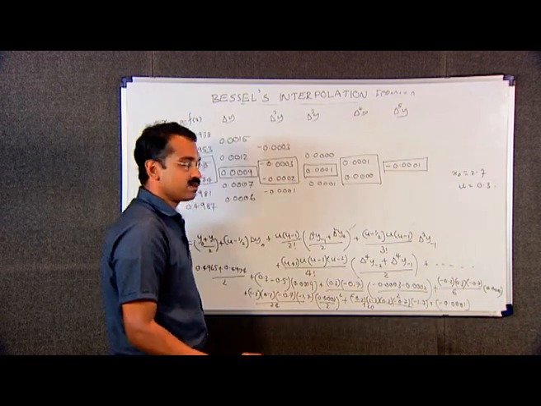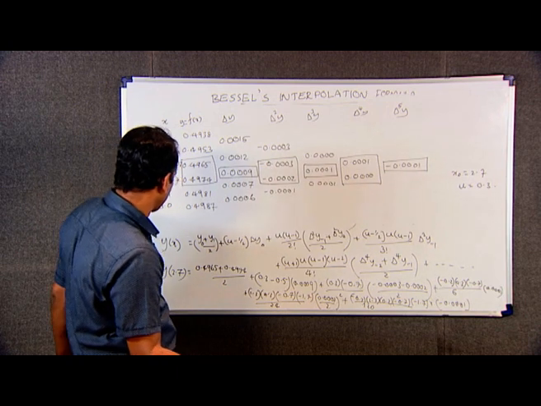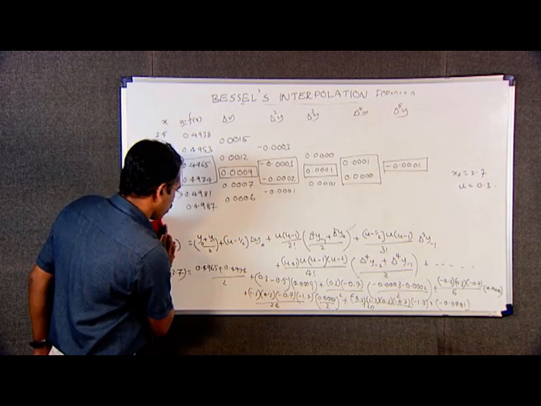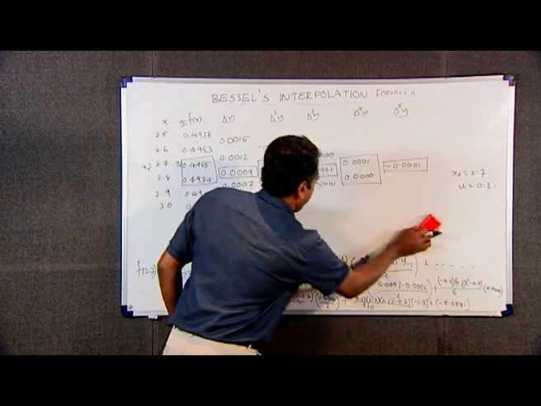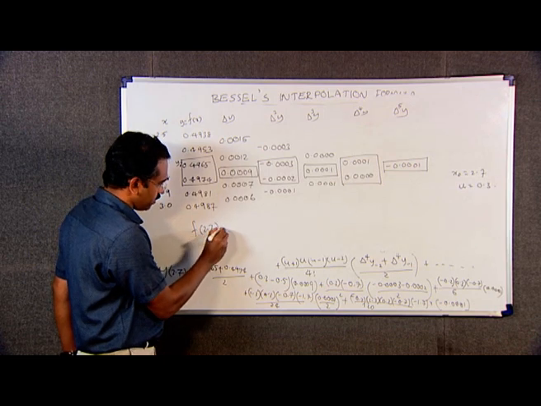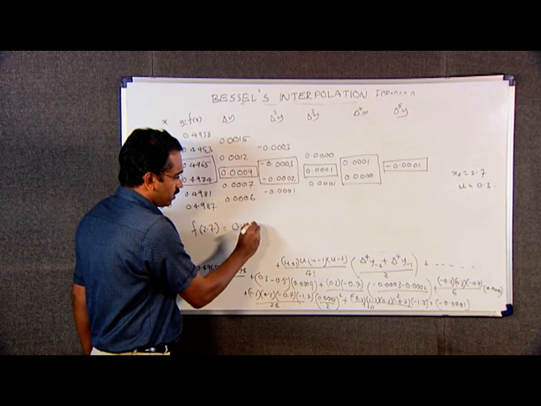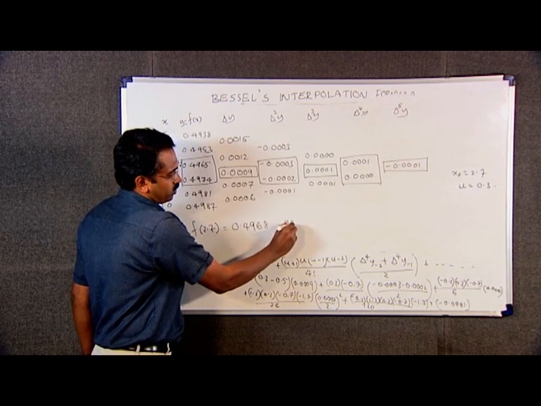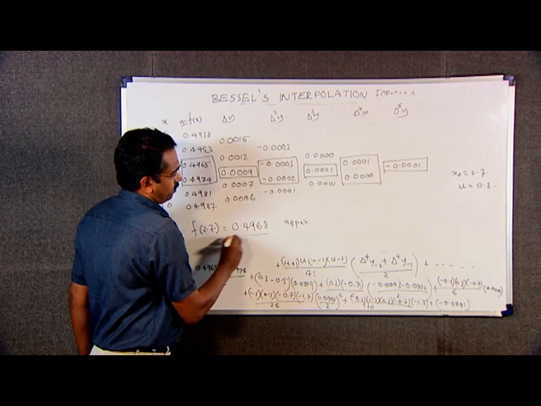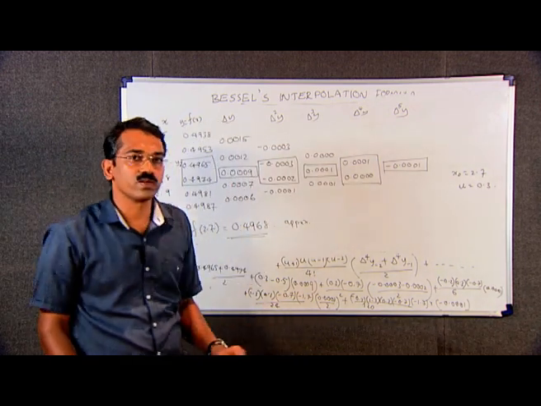On simplification we will get the value of f of 2.73 as approximately 0.4968. This is the required value.